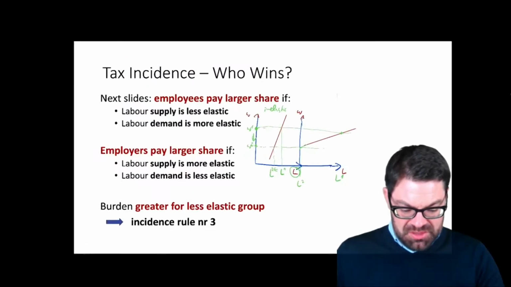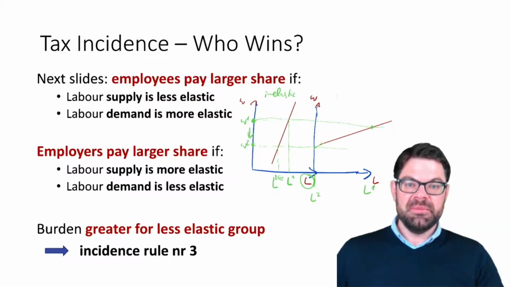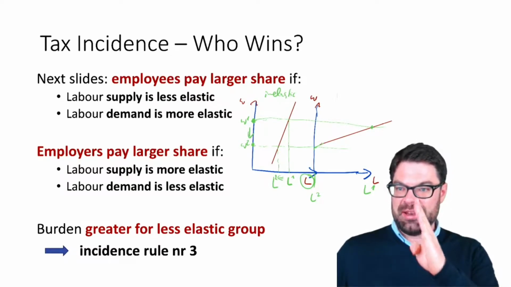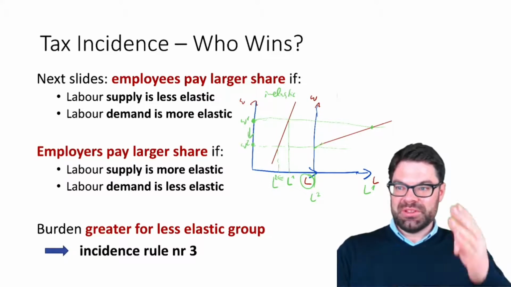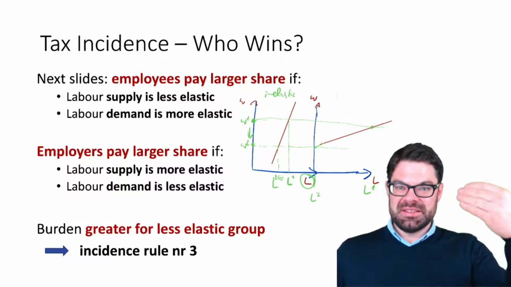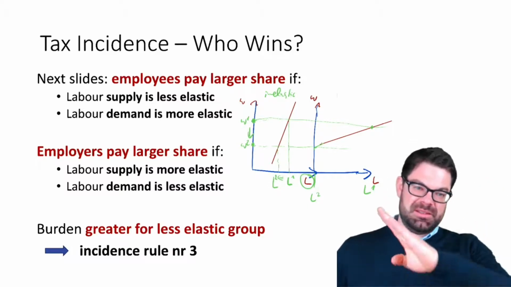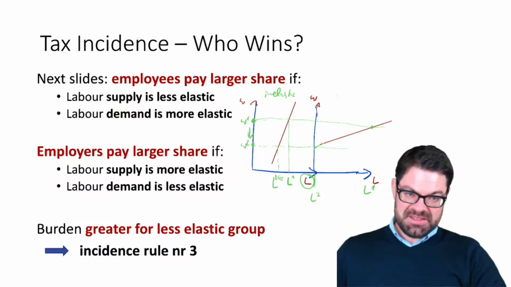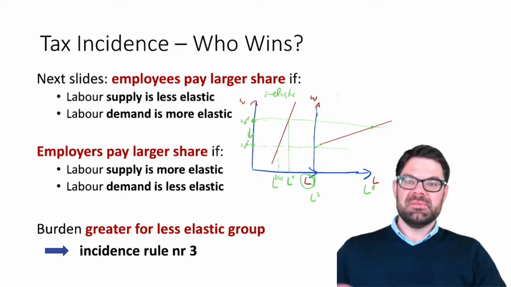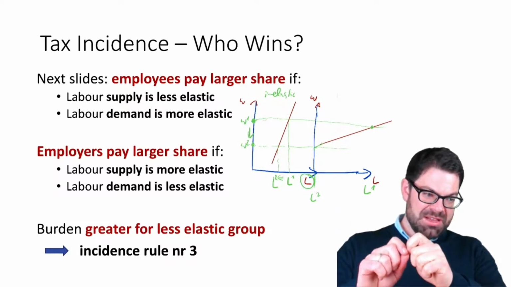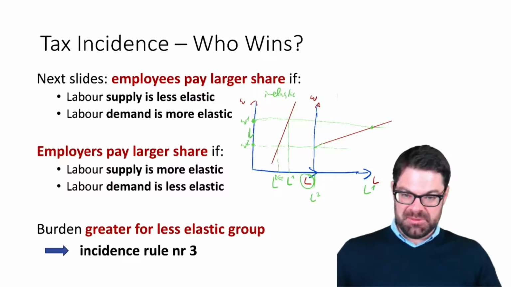Okay, and the same goes for demand. If you have a very steep demand curve, that means demand is very inelastic. So no matter what the wage is, that company will always demand the same amount of labor. If the labor demand curve is very elastic, very flat, it means that a small change in wages will change the labor demand massively.